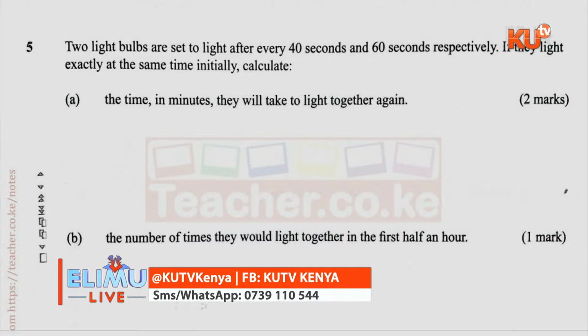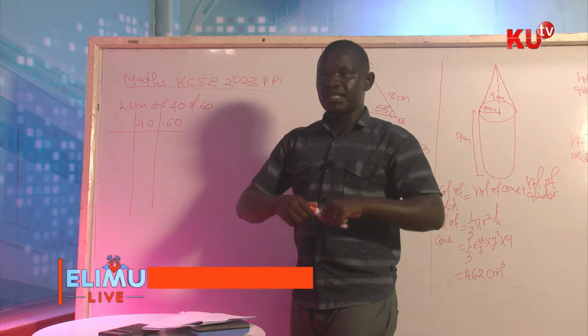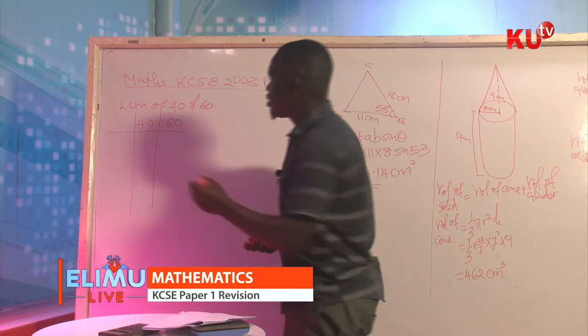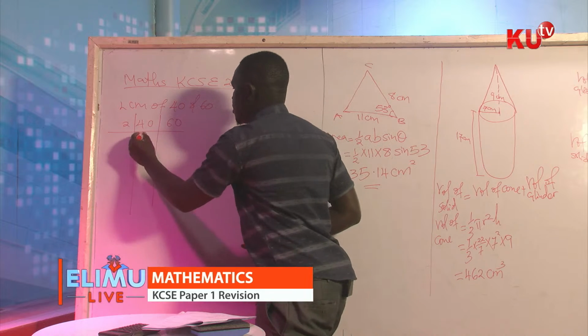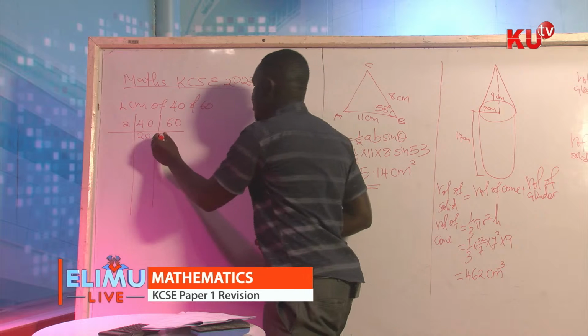With LCM, I'm starting with the smallest number that goes into both 40 and 60. So my smallest number is 2. 2 into 40 is 20. 2 into 60 is 30.